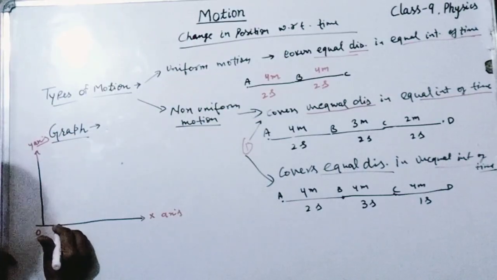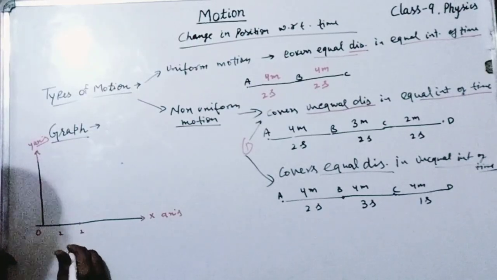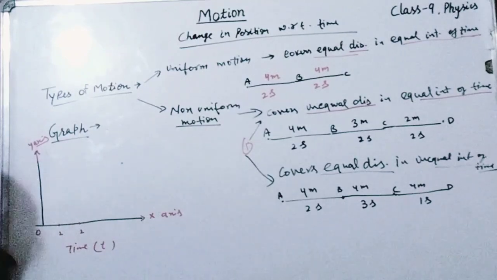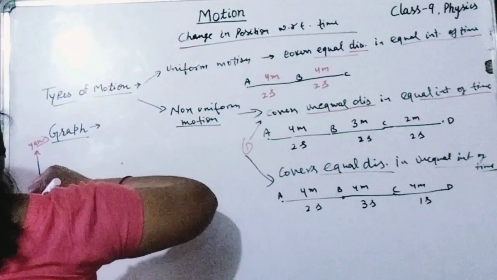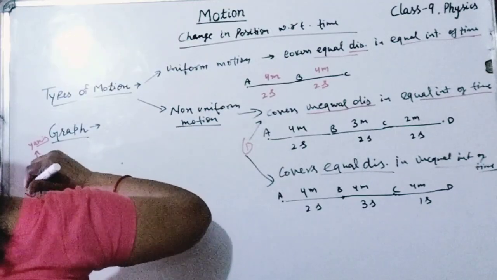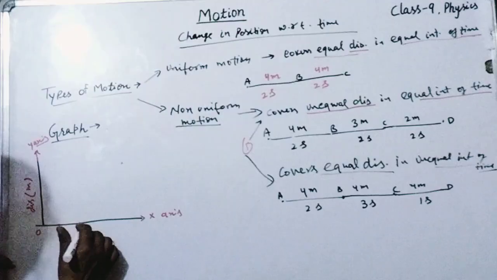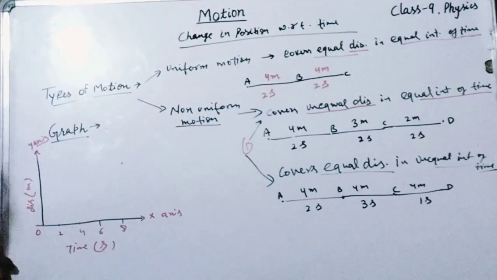This is the time axis, which is in seconds, and this is the distance axis, the y-axis, which is in meters. So 2, 4, 6 and 8.